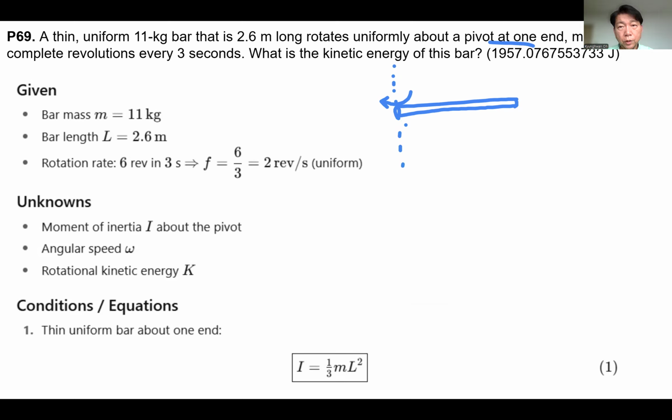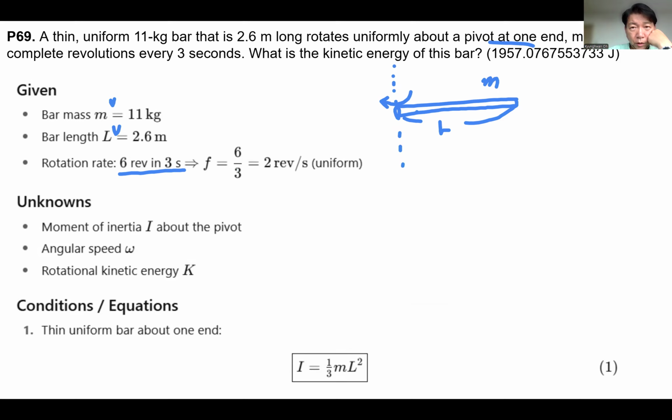Okay, so L is given, mass is given. And the rotation rate is six revolutions in 3 seconds. So the frequency is 6/3, so 2 revolutions per second. And in this case, we need to find the kinetic energy.